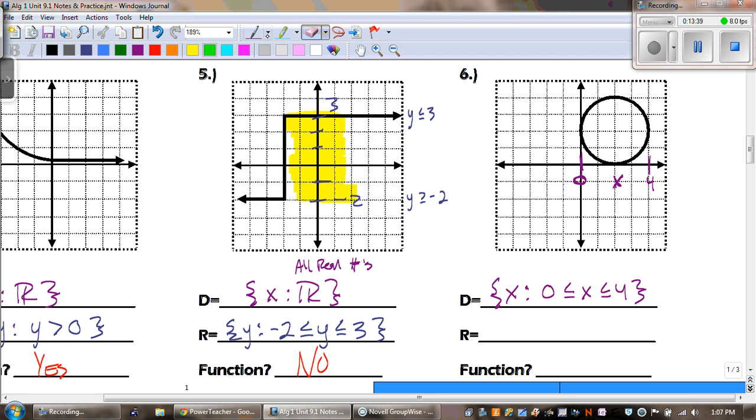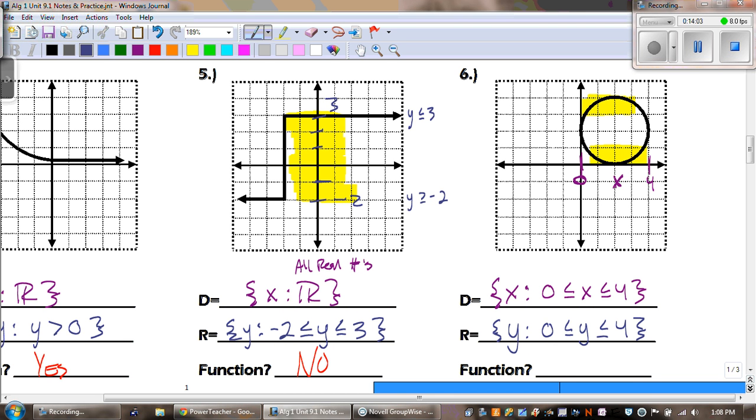Now, for the range, going up and down, once again, 0 and 4. It doesn't go higher or lower than that, so we're pretty much copying the same exact thing as we did for the domain, except it's got a y. So 0 less than or equal to y less than or equal to 4. Okay?